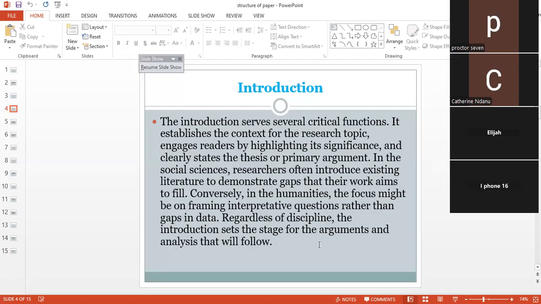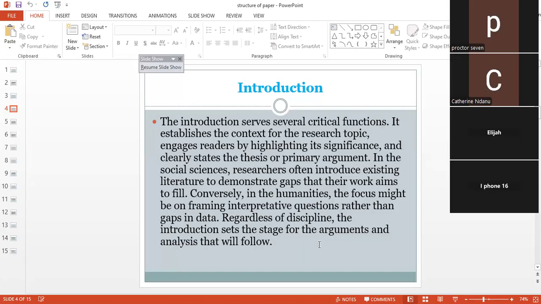But basically, give us the different trajectories that have been followed in the topic and where you are going. Which direction are you going? Define major terms here. Basically in the introduction also, define the major terms in the topic.